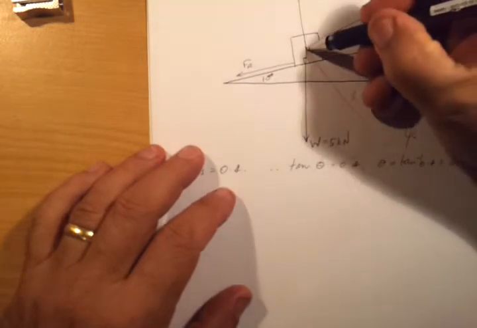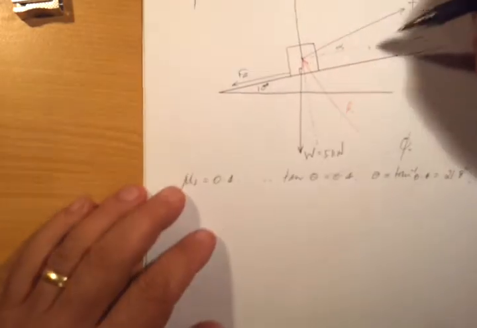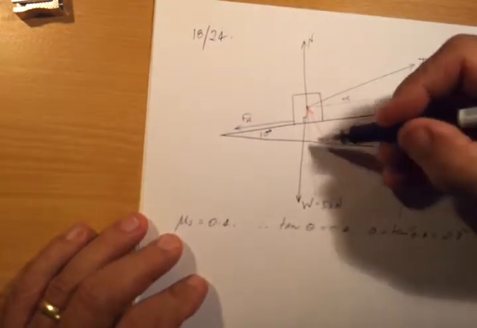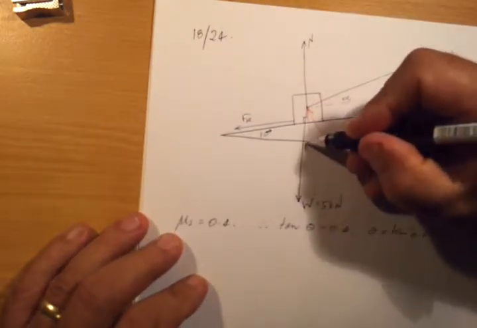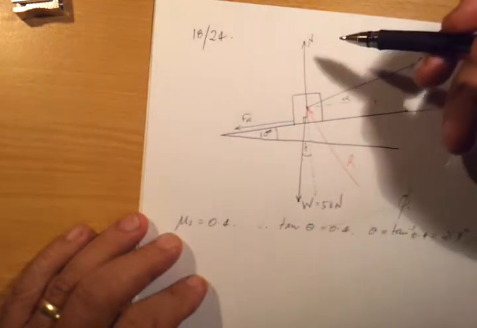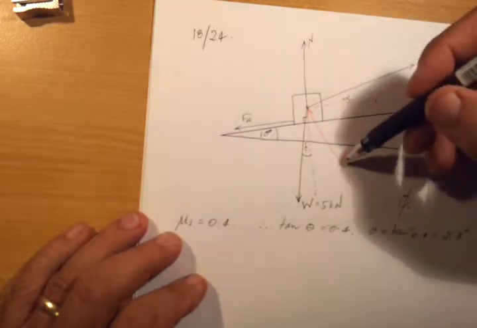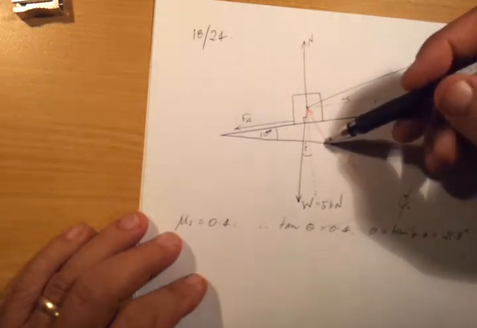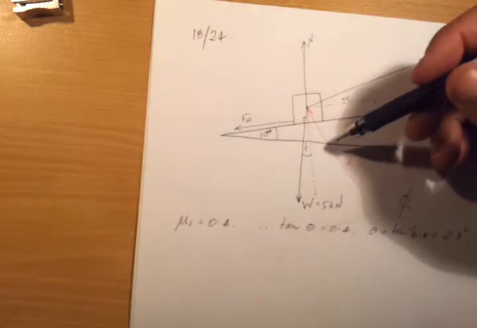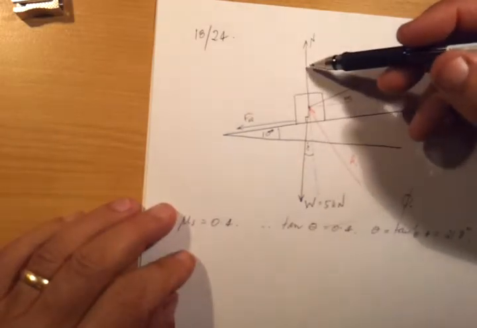Well, it means if we produce this normal down here like this, following that dotted line, like I've done, this angle here will be 10 degrees, just by simple geometry, the same as that. The angle of repose is the angle that our reaction force is going to make with the normal surface.